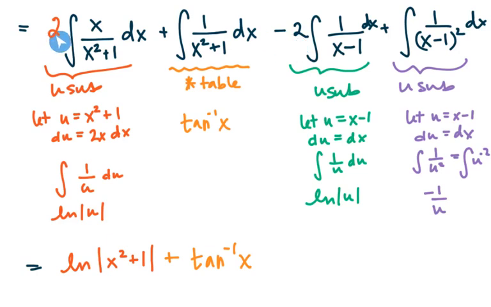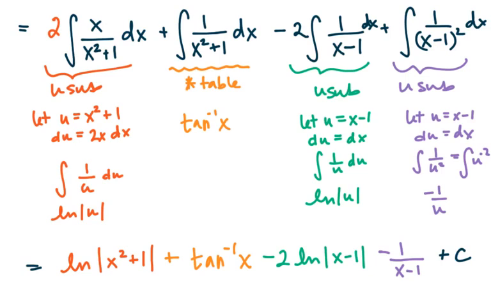I didn't have to include the 2 on the first term because that was factored in with my u substitution, but here I've got minus 2 of the natural log of u. My u in this case was x minus 1. And then I've got minus 1 over, my u value here was x minus 1 again. And of course, we end this with a plus c.